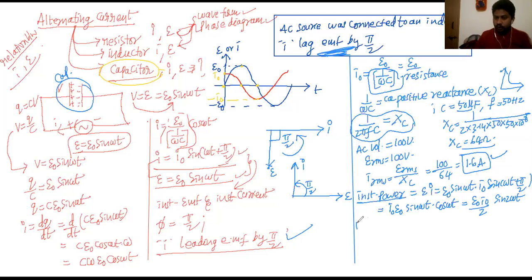Okay, so now for the full cycle, the average power I can also find. What is the formula for average power?